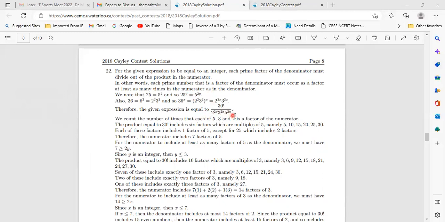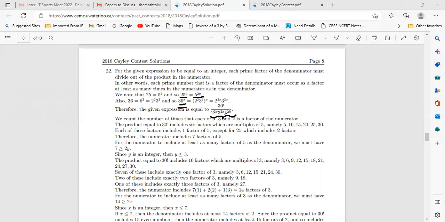That's what they're trying to say. So they just expanded it. They just replaced 25 as 5 square, and 25 raised to the power y can be written as 5 power 2y. Similarly, 36 power x can be written as 2 square 3 square raised to the power x.